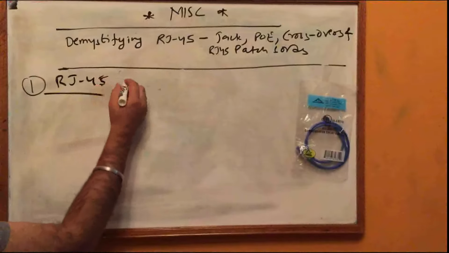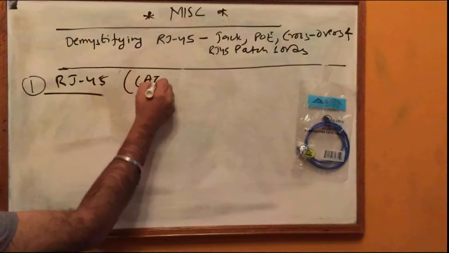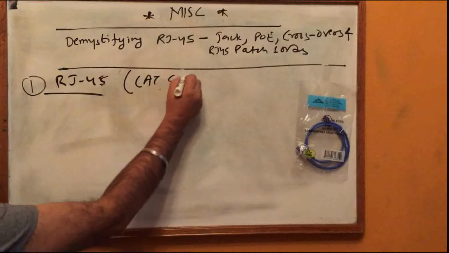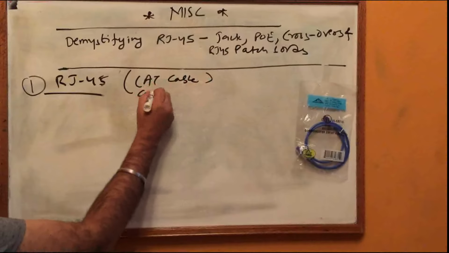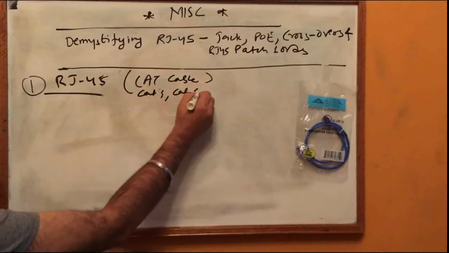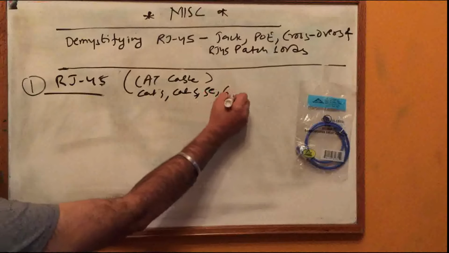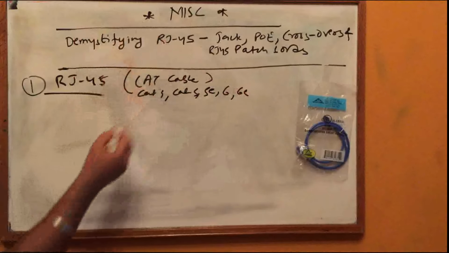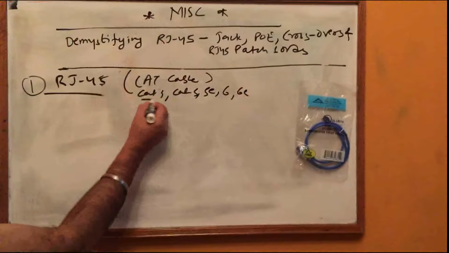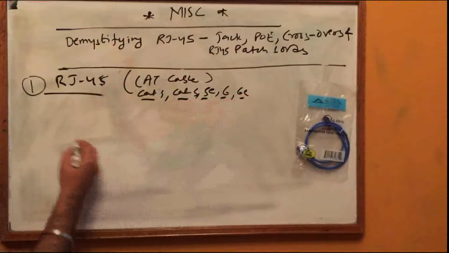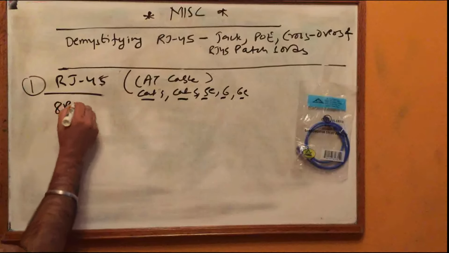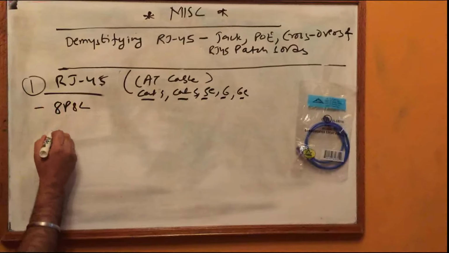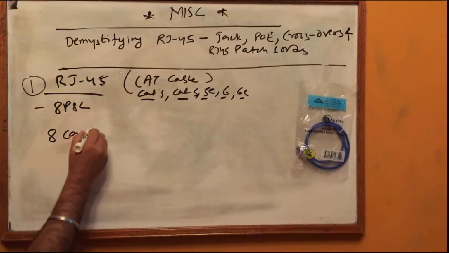In RJ45 we use Cat cables. In chapters 3 and 4 we covered that the cable could be Cat3, Cat5, Cat5e, Cat6 and Cat6e as per today's standards. You should know about it by this time. There are a total of 8 wires, 8P8C, so 8 wires or 8 conductors.